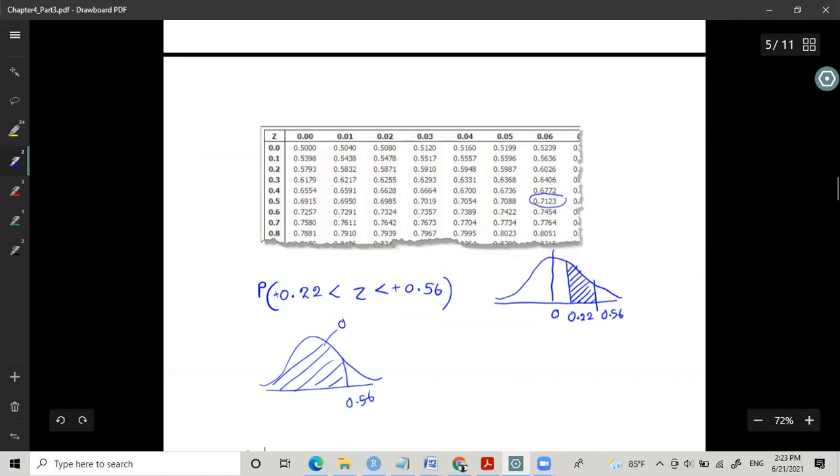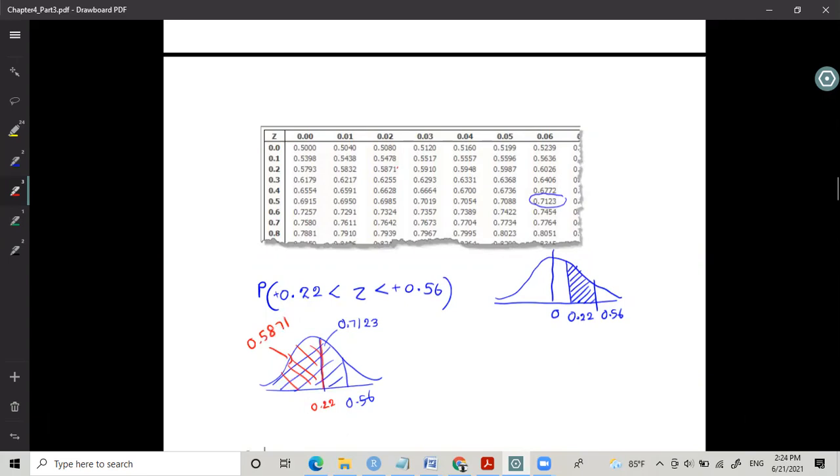So this area is 0.7123. And then we read up to 0.22, the next one, somewhere here. I'll use another color. So then we read the smaller one, 0.22, this area. What is that area? This area is 0.5871.